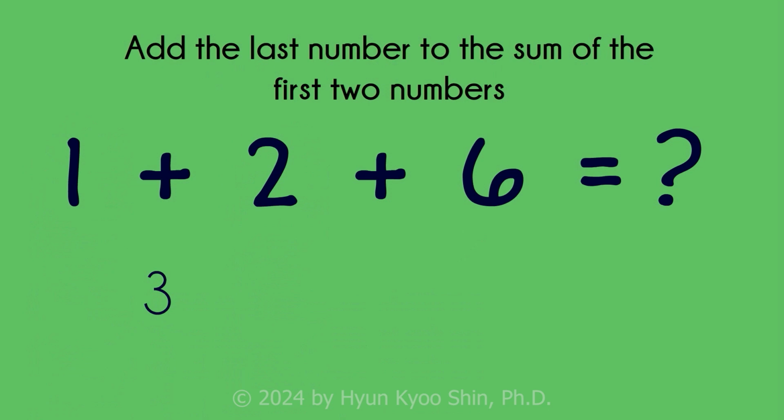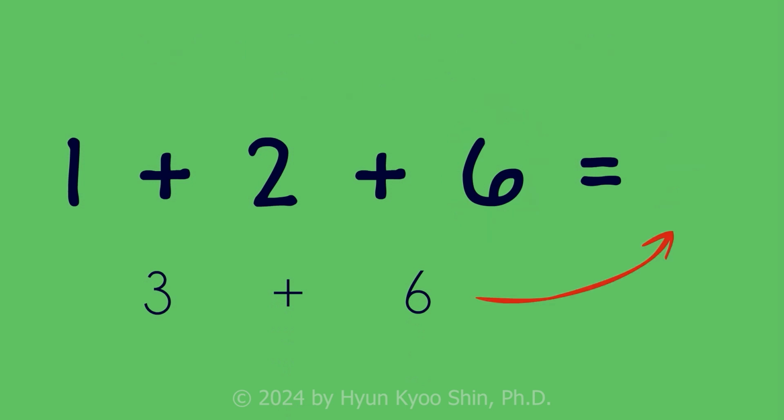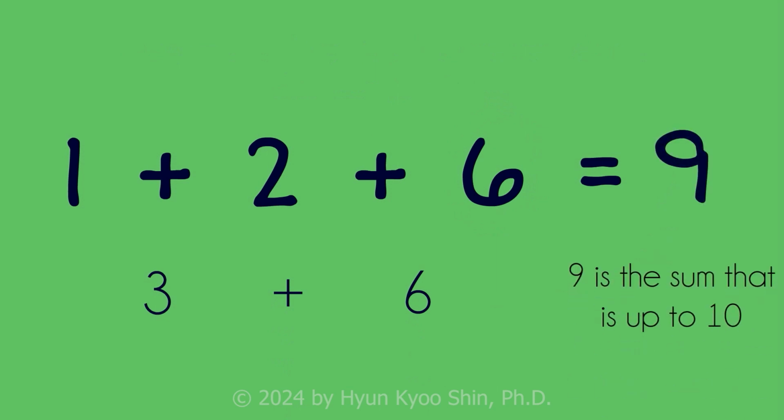Add the last number to the sum of the first two numbers. Let's add 6. So 3 plus 6 is equal to 9. 9 is the sum that is up to 10.